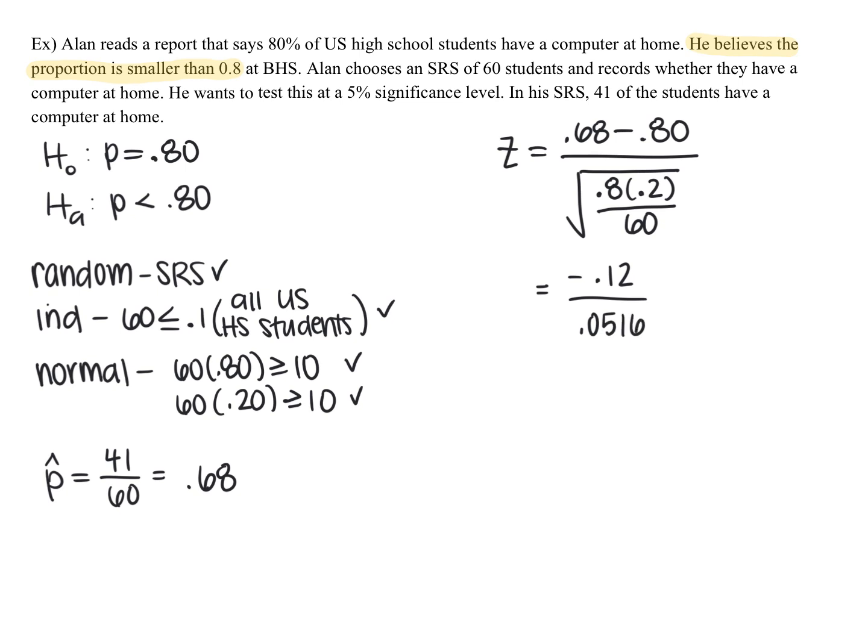So when I divide those, we're going to get a z-score of negative 2.32. It is preferred that you try to do the z-score all in one step, just so we are not rounding too much and we get the most accurate z-score as possible.